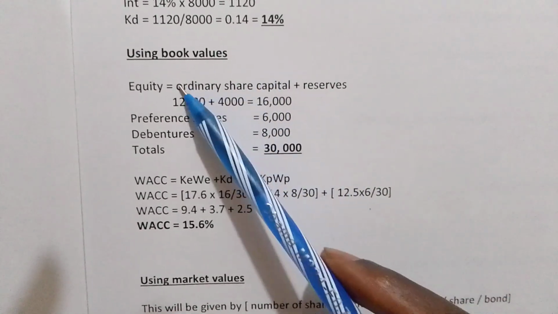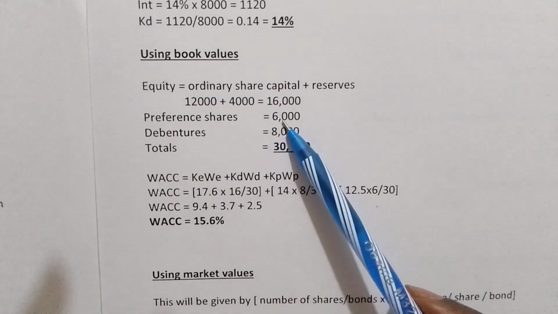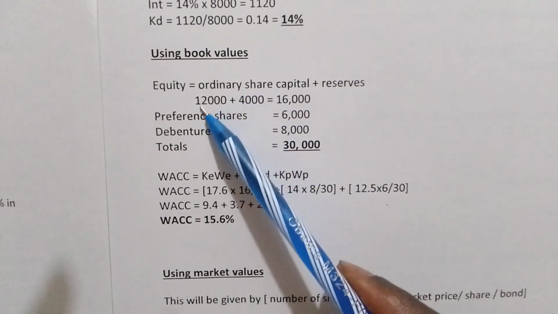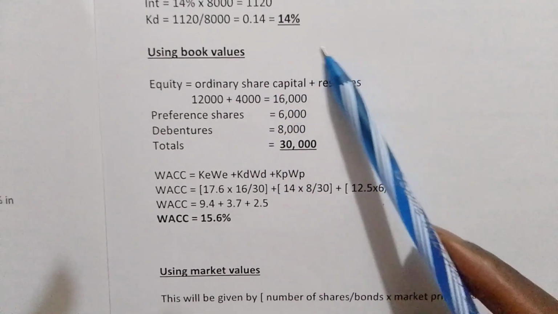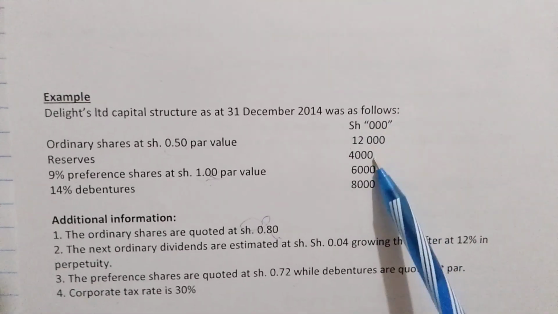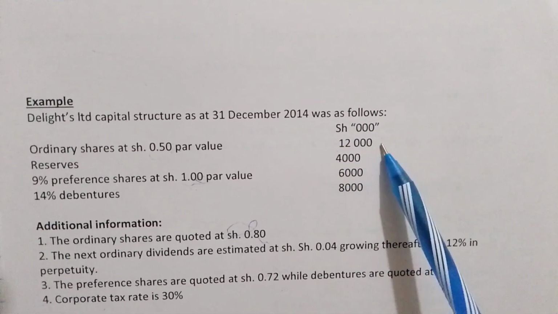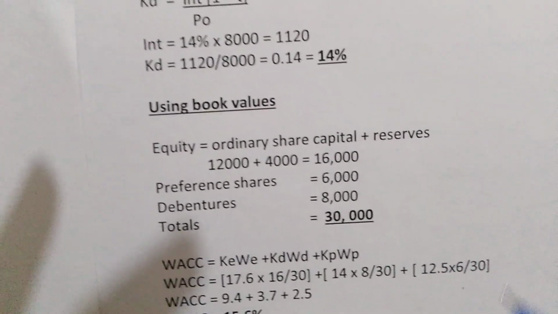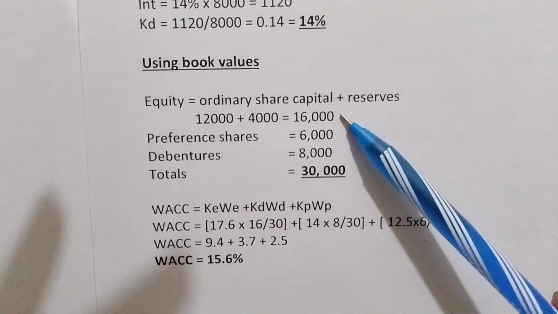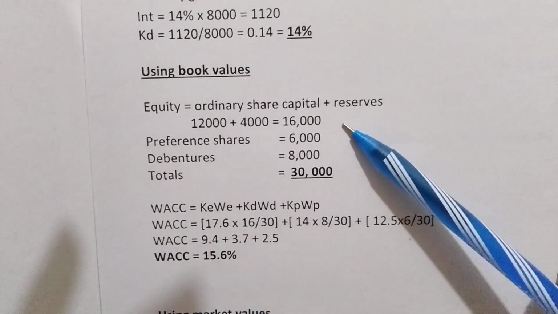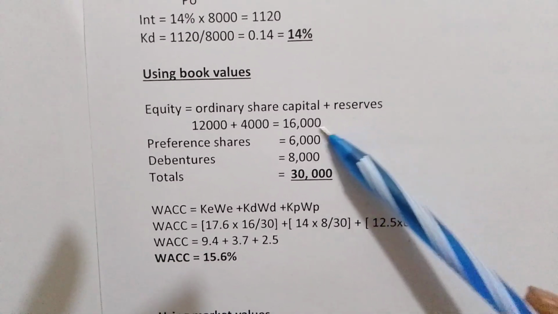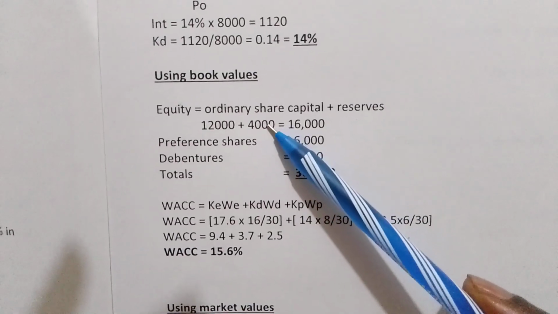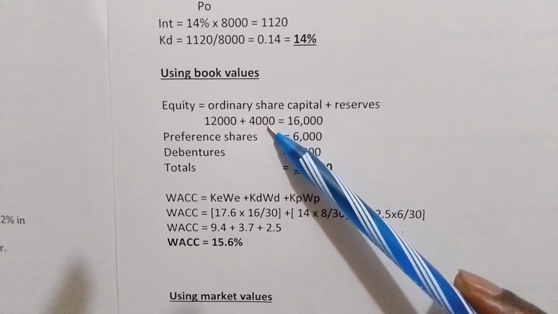So you combine, we are looking for the weights now. You take reserves to be part of ordinary shares. You combine them together, so ordinary shares plus reserves gives 16,000. Now 16,000 is the equity. We have considered this reserves of 4,000 because we are using book values.